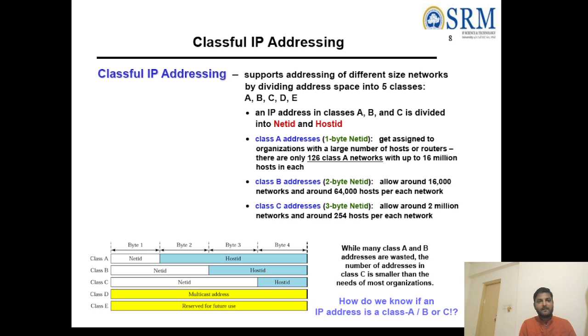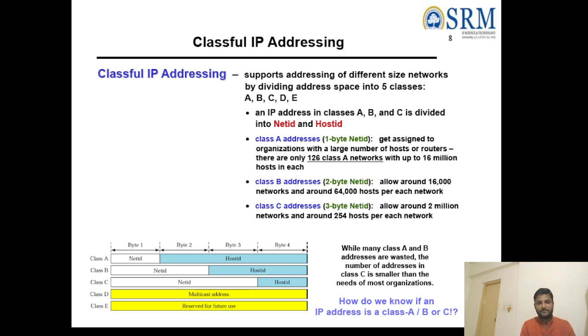In this slide, we are showing different classes of IP addresses. There are basically 5 classes, and we name them A, B, C, D, E. Class A has the highest number of hosts, 2 to the power 24.